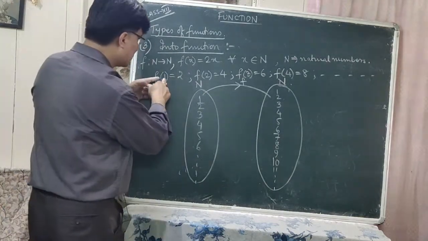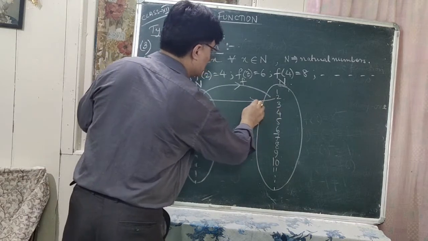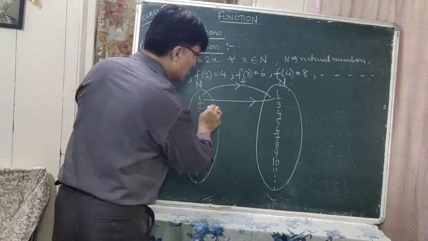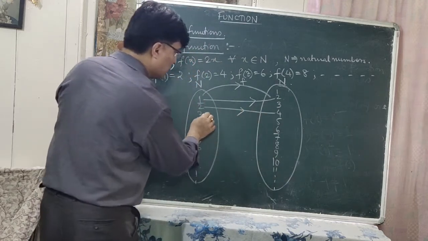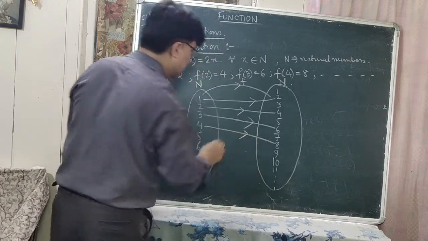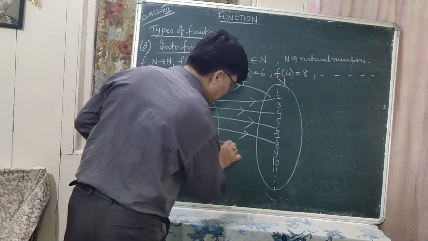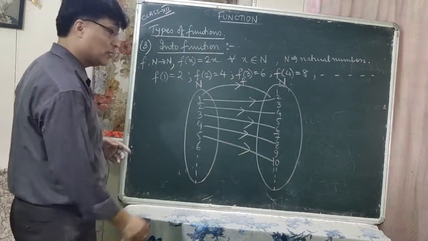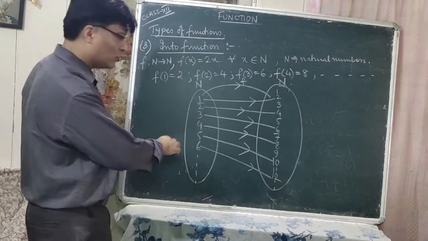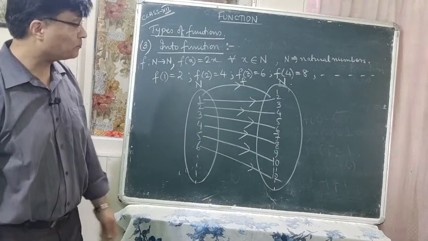So what does it indicate? 1 is related with 2, 2 is related with 4, 3 is related with 6, 4 is related with 8. Is that clear? Similarly 5 will be related to 10, 6 will be related with 12, and so on. The others will also have their relations. That is the set of all natural numbers, isn't it?